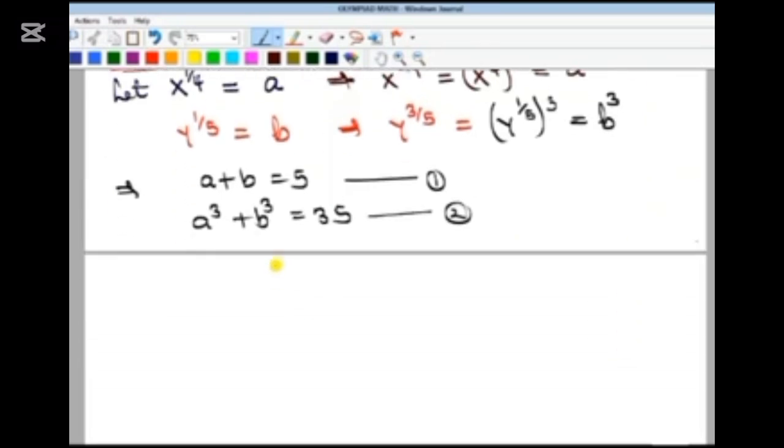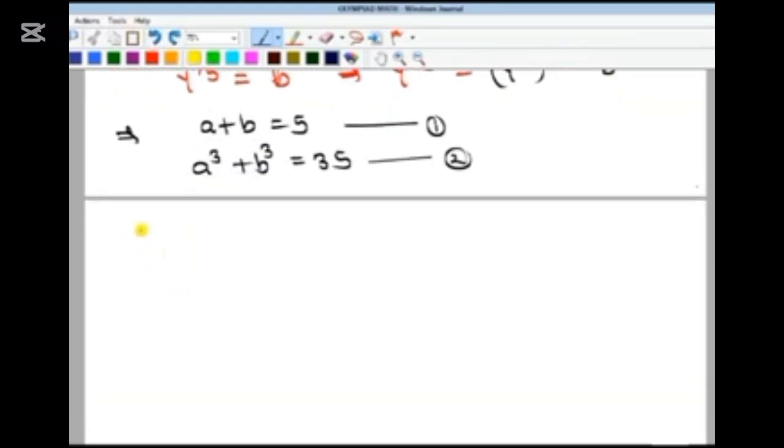Alright, so what can we do now to be able to solve the equation that we have just gotten? The first thing to note is that a plus b can be found inside a cube plus b cube. If we use a binomial expansion, by the time we expand a plus b all raised to the power of 3, we are going to get a cube plus b cube and then some a plus b inside it.